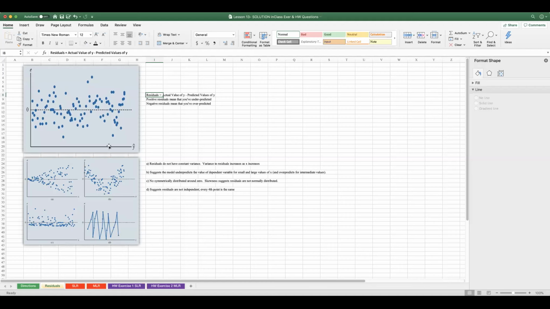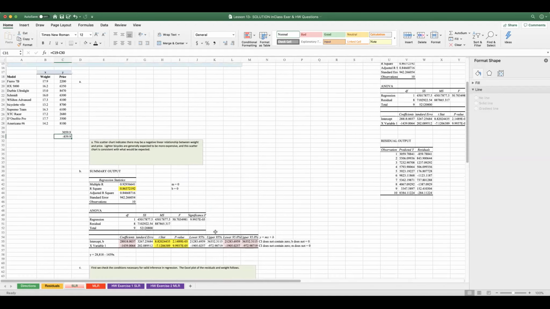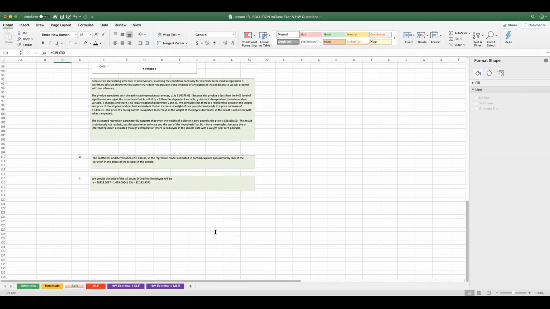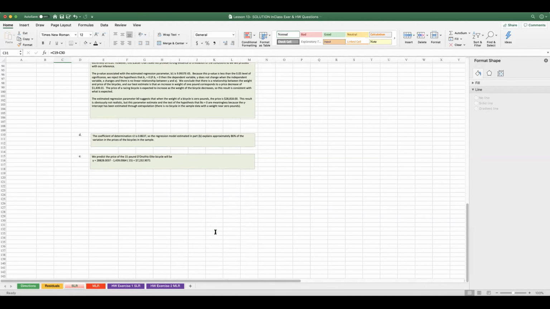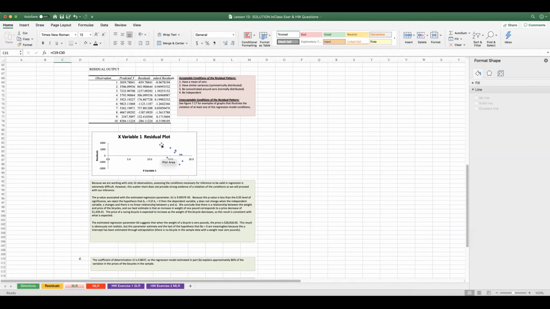All right, so these are the kinds of things that we're looking for when we look at this plot. And again, we only have, what is it, 10 in this one? Yeah, 10 data points. But looking at what we do have here, I don't see any real concerns.